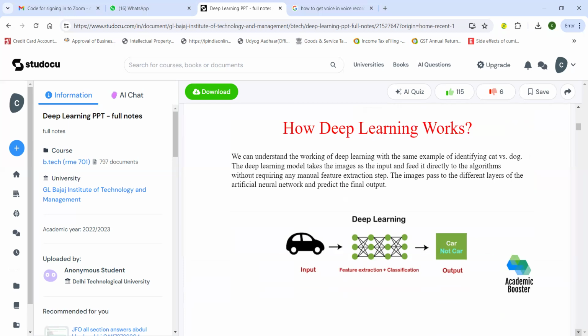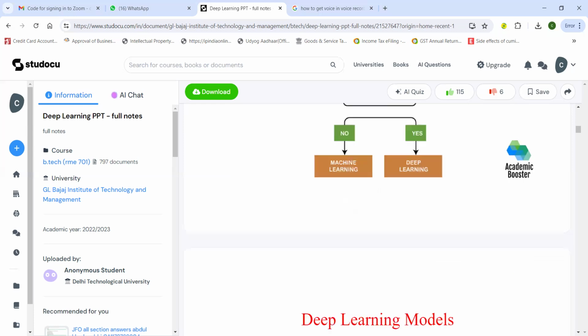But in deep learning, these two steps are done together. It means after getting input, the system or the computer will perform the combined task of feature extraction and classification. And after this, we will have the output.